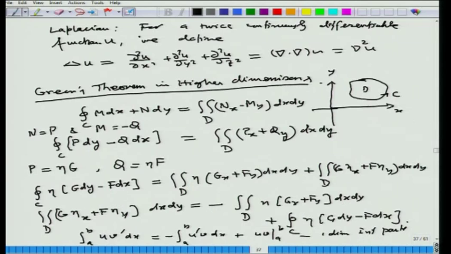Here we can see that the x derivatives are on eta, the y derivatives are on eta, and g and f are not having any derivatives here. So, if we shift these derivatives on to g, we get a minus sign like we got here. Eta becomes free of derivatives, and this x derivative gets shifted on to g.